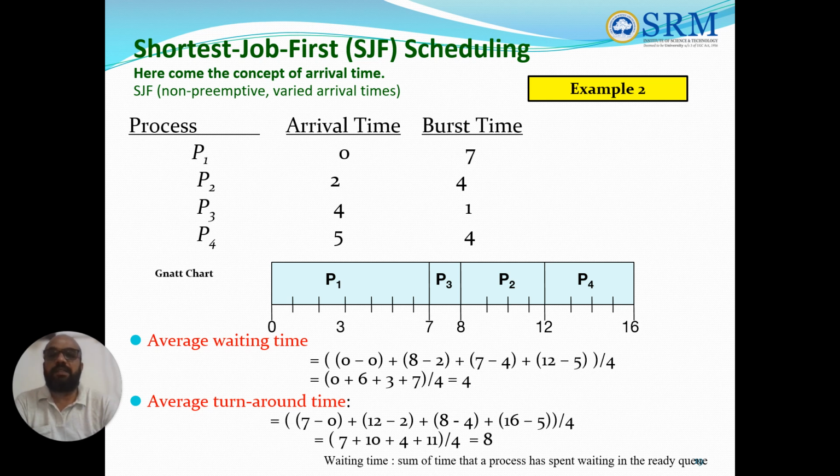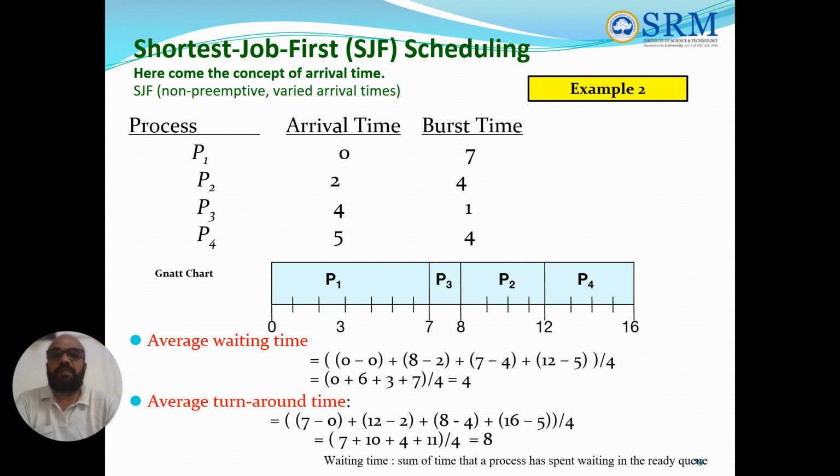When we find the average waiting time, it comes to 4. Here is how we calculate it: the starting time of P1 minus its arrival time, so 0 minus 0. For P2, it starts its execution at time 8 and arrived at time 2, so 8 minus 2.